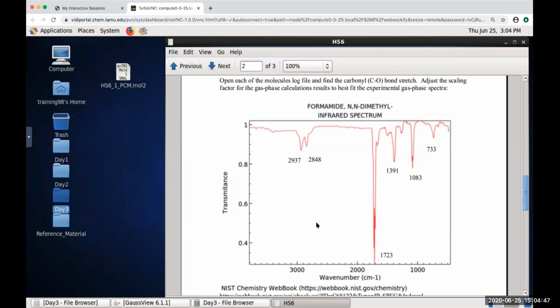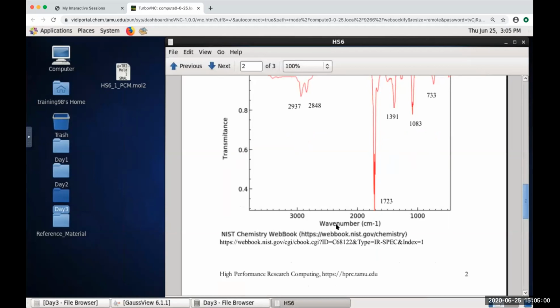Okay, and that's how you're going to determine your scaling factor. And then we're going to apply that scaling factor to the results that you get with the PCM and the explicit solvent calculation. Okay, and see how those results come out for the CO stretching frequency.